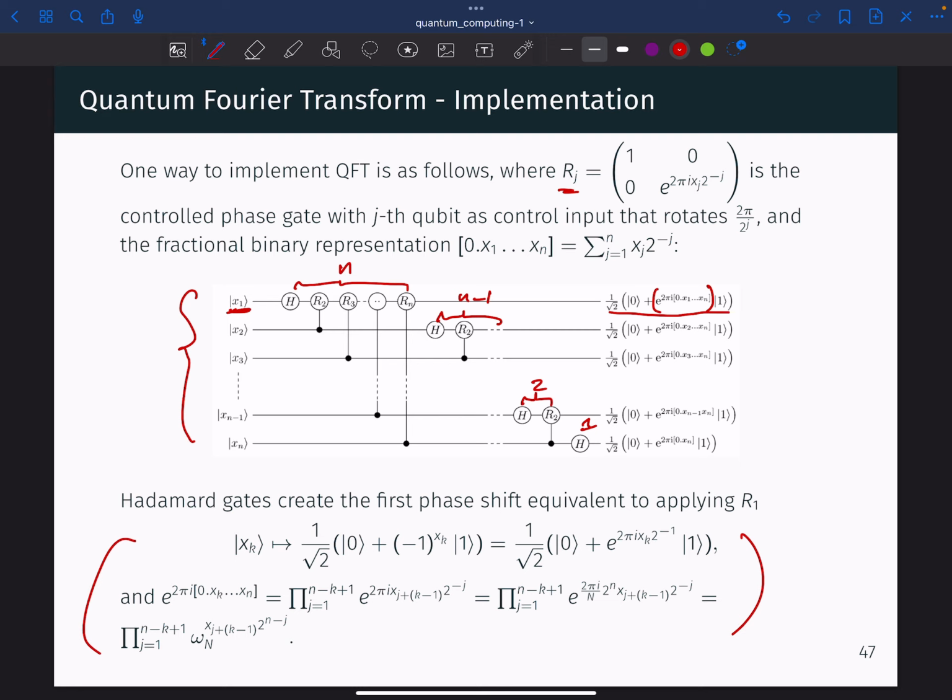It all adds up. And here the thing in the square bracket is the fractional binary representation. So the first bit would correspond to 0.5 x_i plus x1 times 0.5 plus x2 times 0.25 and so on and so forth.